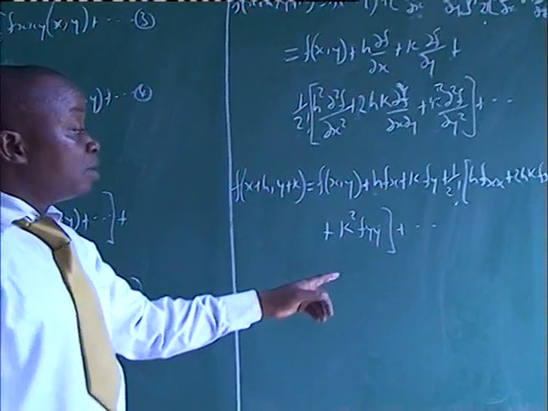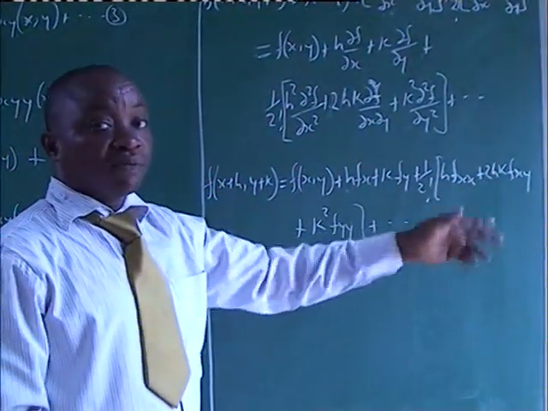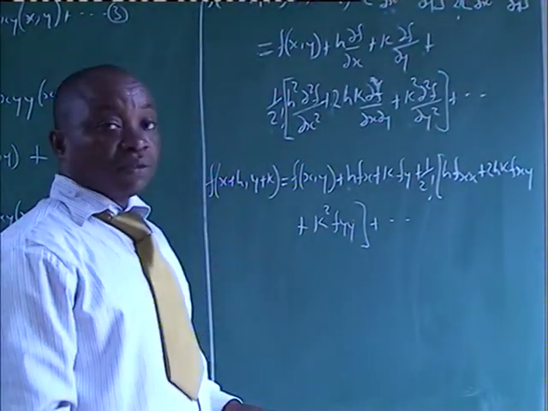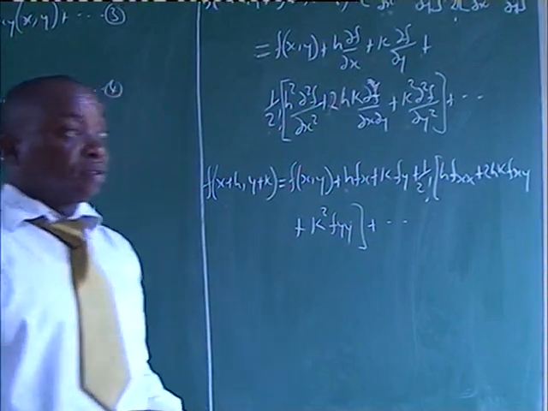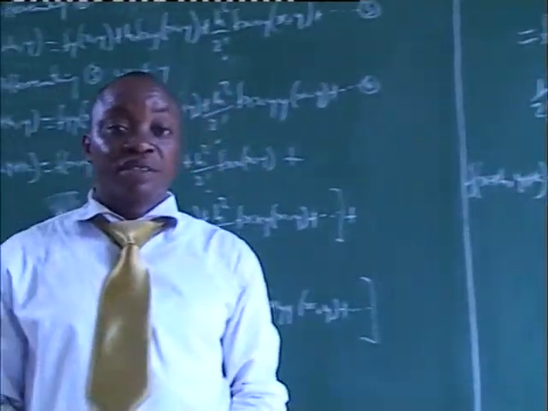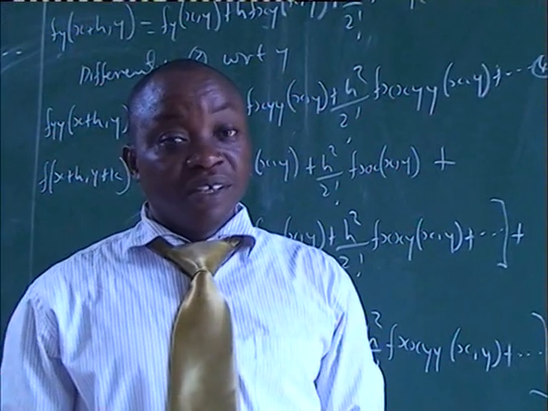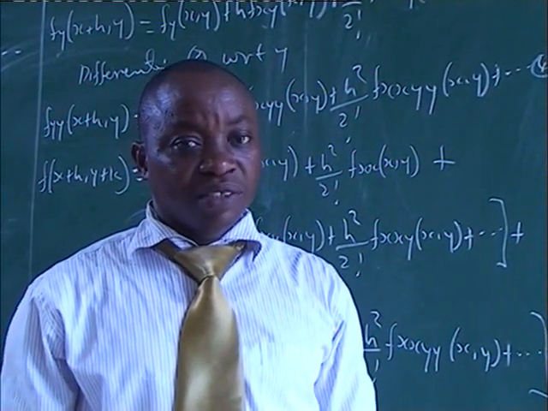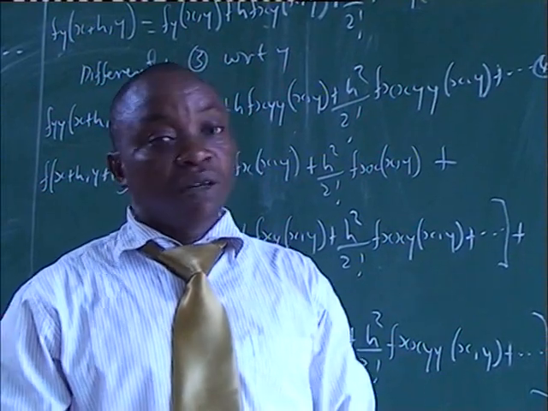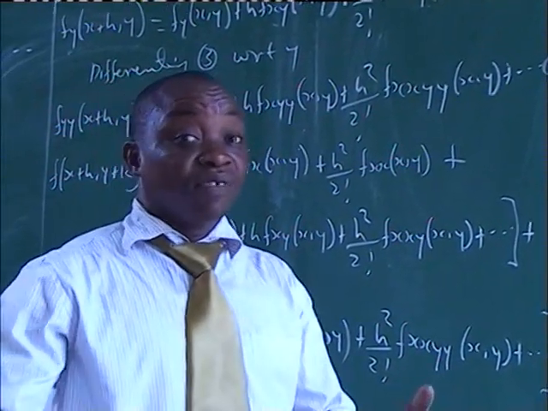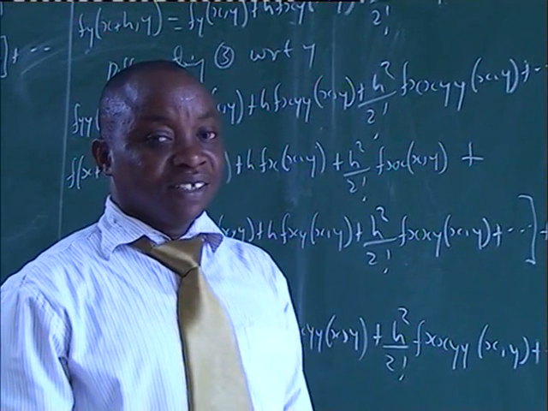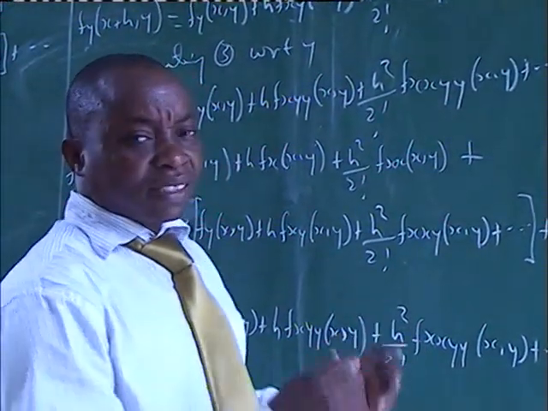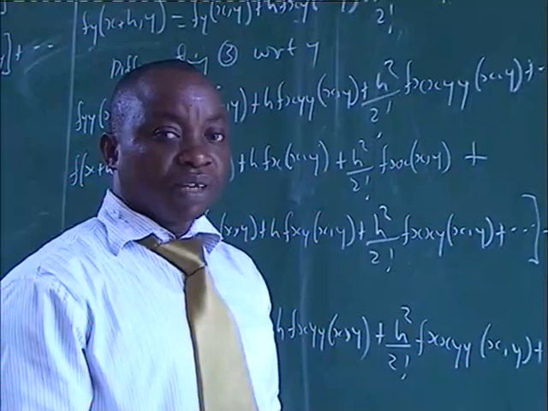This thing continues to third order, fourth order, infinity. So it is assumed that the students are familiar with series expansion. If you are not too familiar with it, you can check our lessons on series expansion, where you learn a lot about finite and infinite series. So let's look at an example of this and see how we apply it.